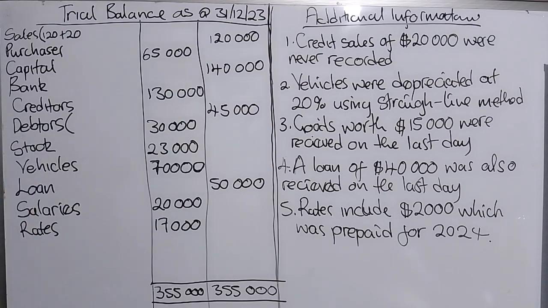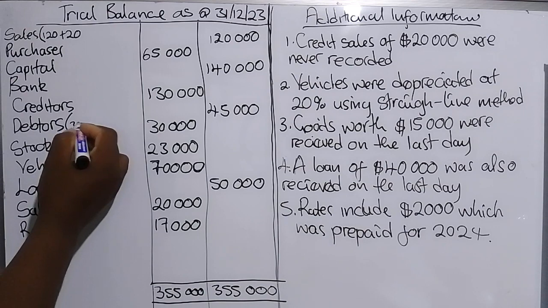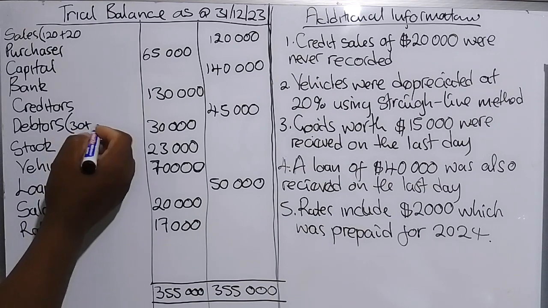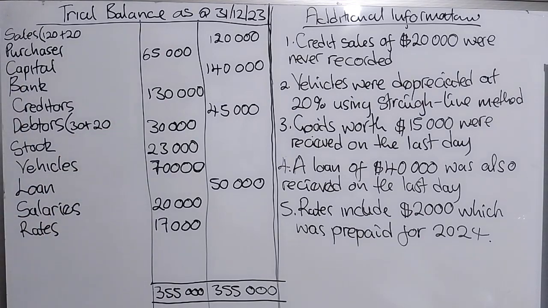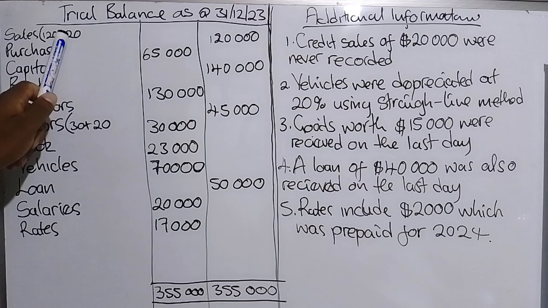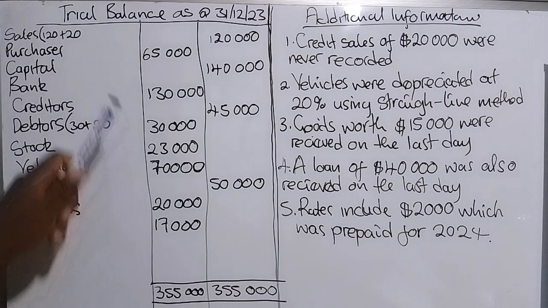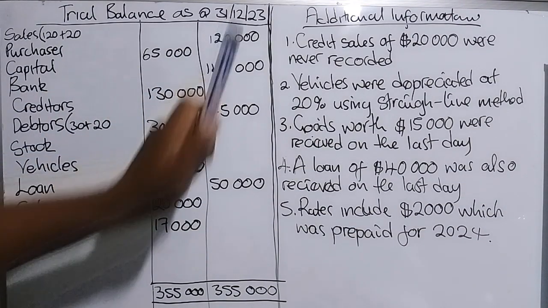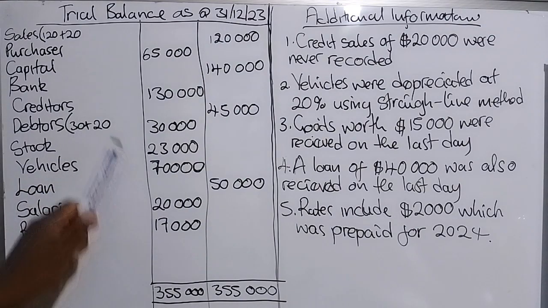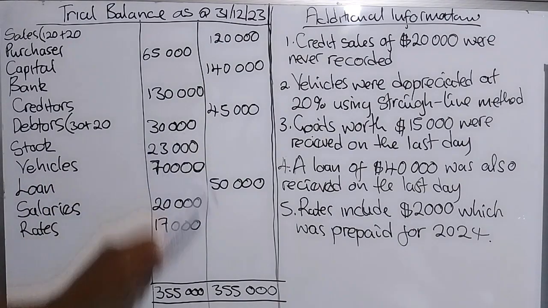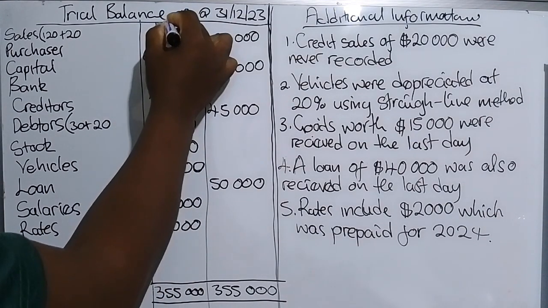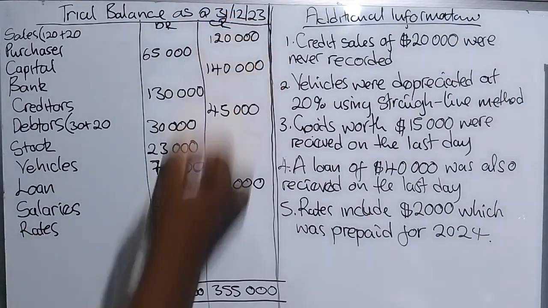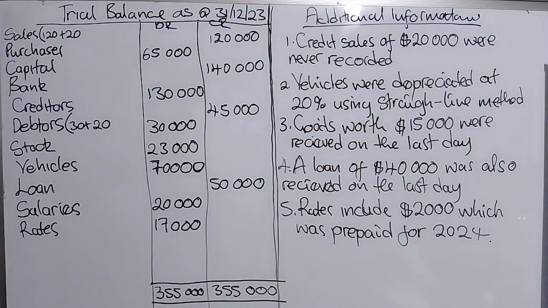The debtors were 30,000 already, so we increased them by 20,000. To increase sales, we credit them by 20,000 because sales have a credit balance. To increase debtors, we debit them by 20,000 because debtors have a debit balance. This is the debit side, this is the credit side. The debit side is always on your left and the credit side is always on your right.